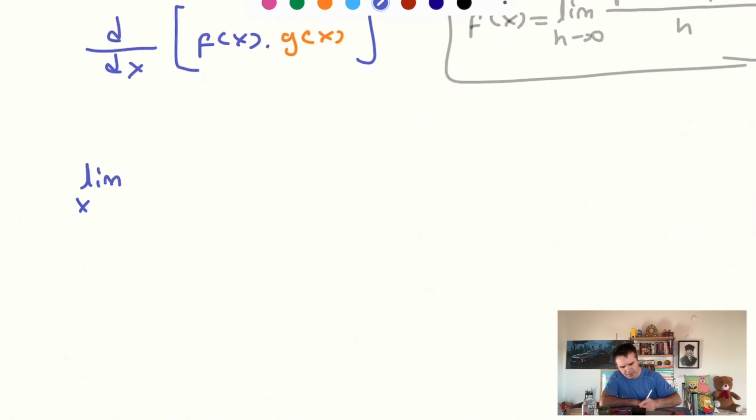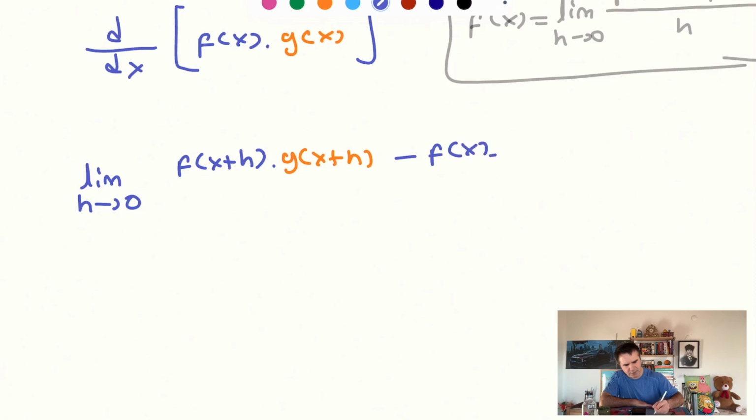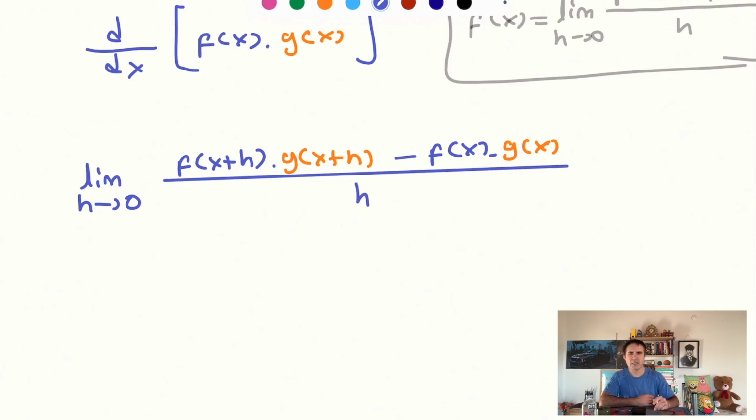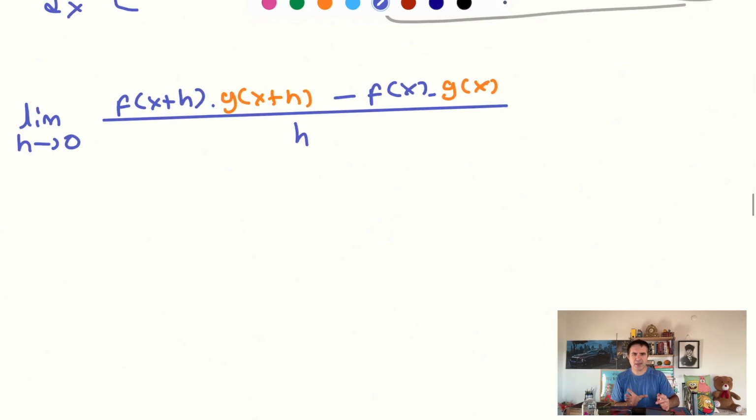limit as h goes to 0 of f of x plus h times g of x plus h minus f of x times g of x over h. Here I will add and subtract f of x plus h times g of x.